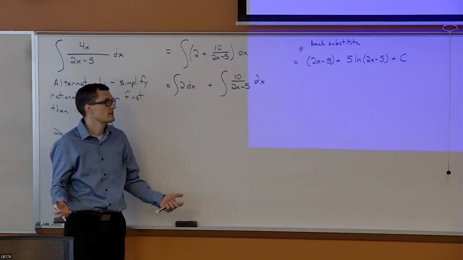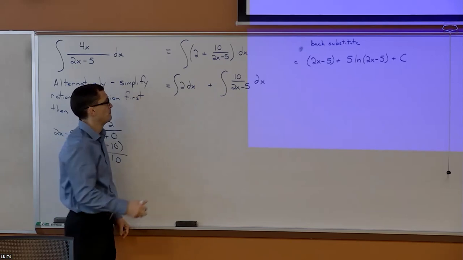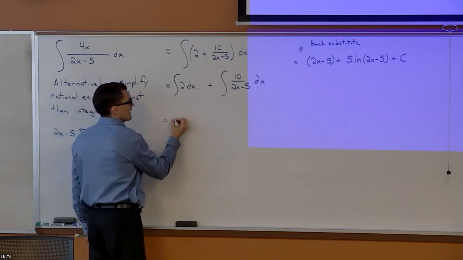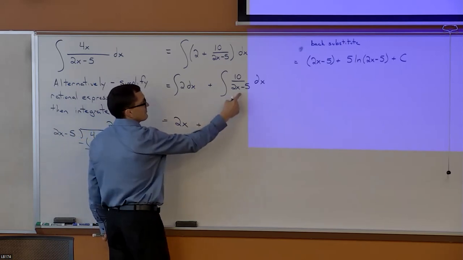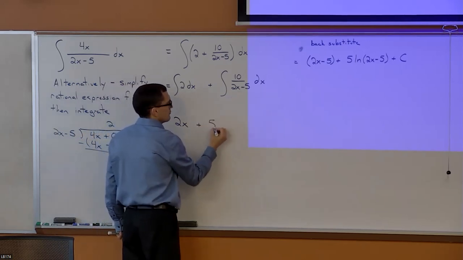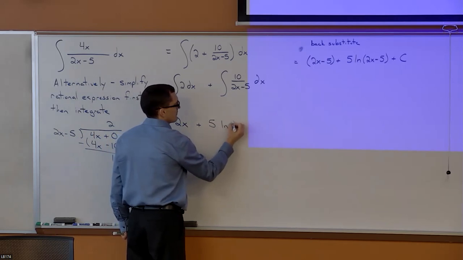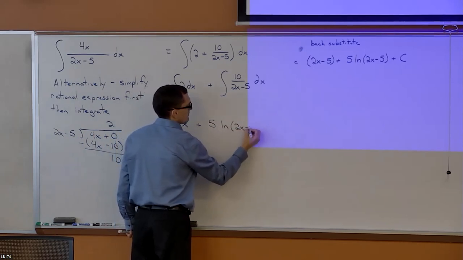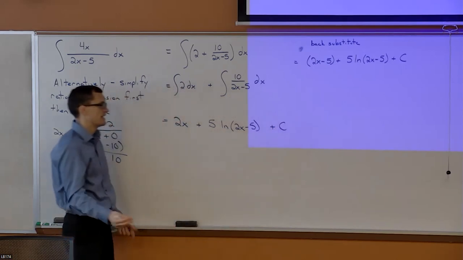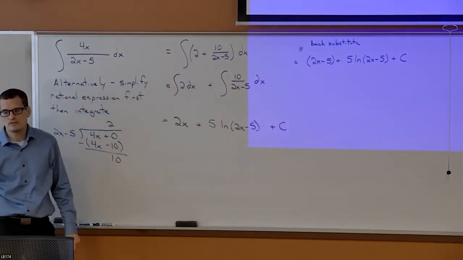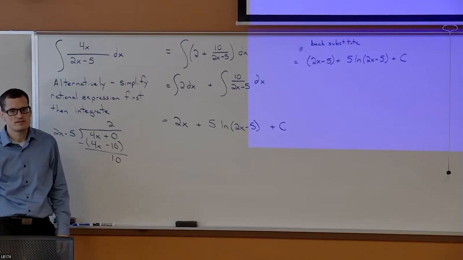So I don't know which one's easier, but you would end up with basically the same thing. This, when you substitute, gives you 5 times natural log of 2x minus 5. And so you get that in the end.